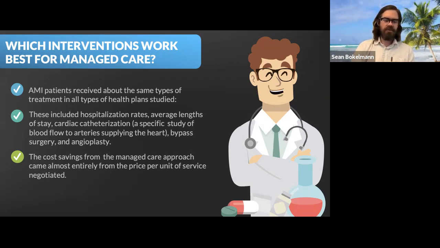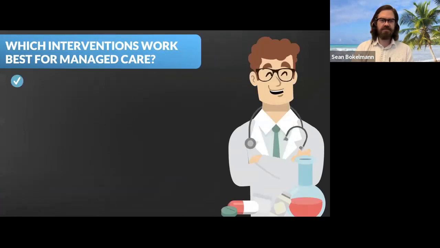And what they also found was that the cost savings from the managed care approach came almost entirely from the price per unit of service that was negotiated. So the price negotiation is really what was driving the cost savings.